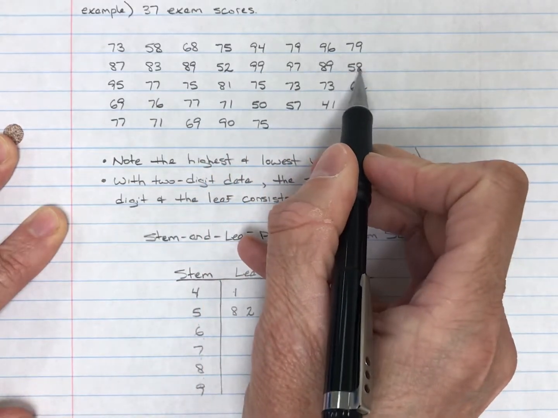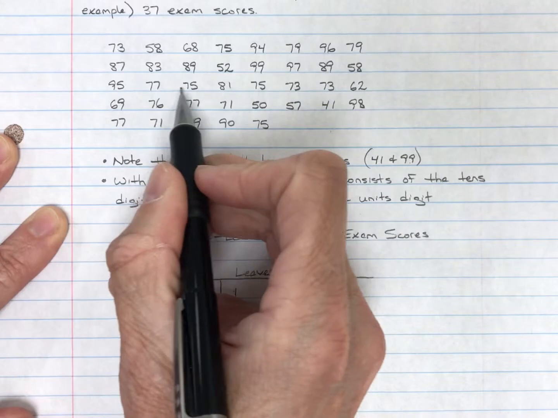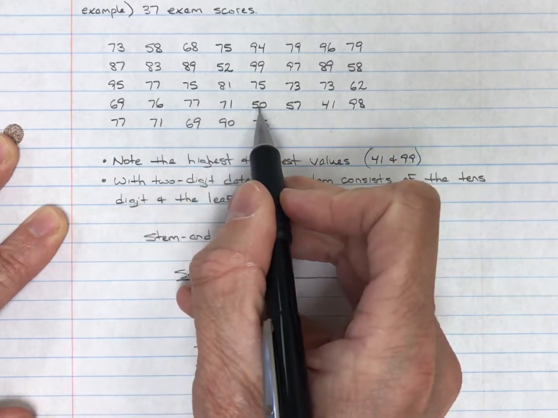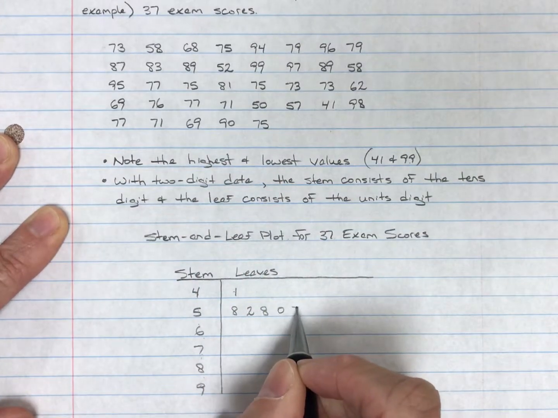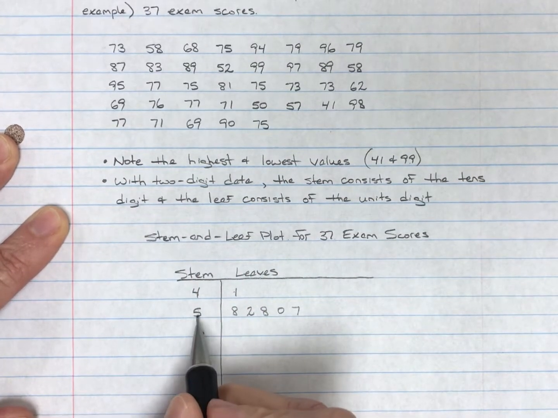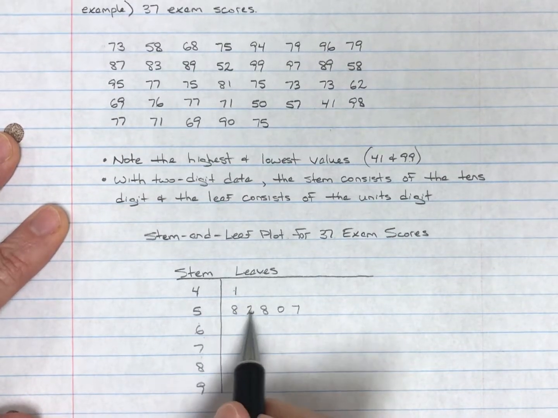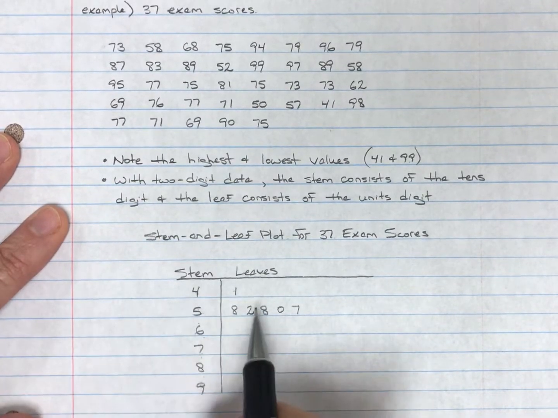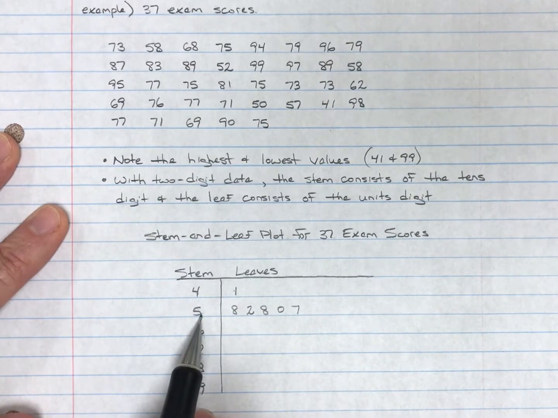Moving across, another 58. Moving across, I'm just going left to right, 50 and then 57. So there are the leaves that correspond to the stem of 5, and this tells us 58, 52, 58, 50, and 57. Each leaf is one data value and it goes with the particular stem.